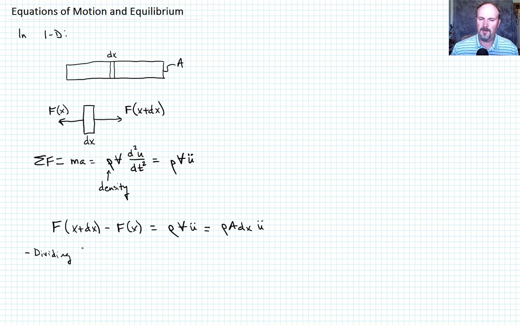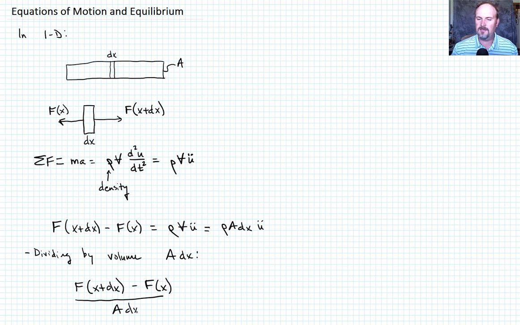So dividing by the volume, A dx, gives me F of x plus dx minus F of x divided by A dx is going to be equal to rho u double dot.